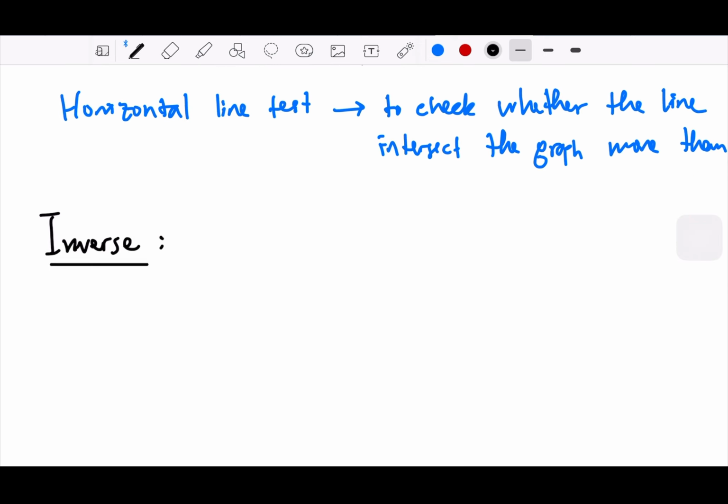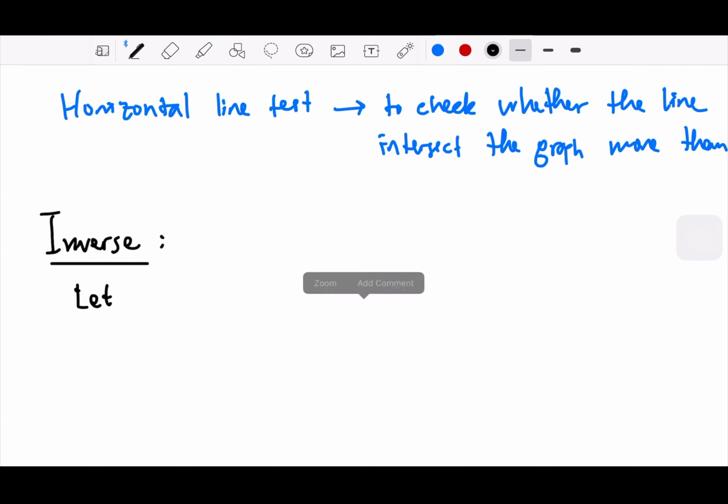Okay, so for the inverse, we set up by making a statement: let a function be one-to-one. That's the first assumption that we need to take on.